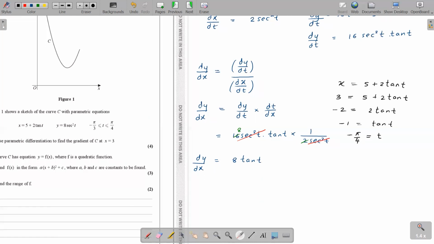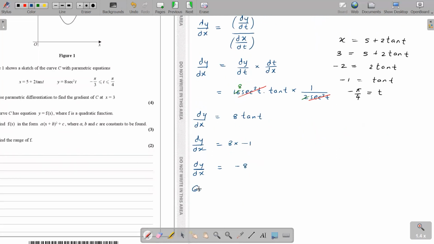I was just looking at this range. Okay, so we have a value of t that falls in the range. So basically, directly tan t is minus 1. So dy by dx equals 8 times tan t, which is 8 times minus 1. So that gives me the gradient at x equals 3 is minus 8. So you can write gradient equals minus 8.